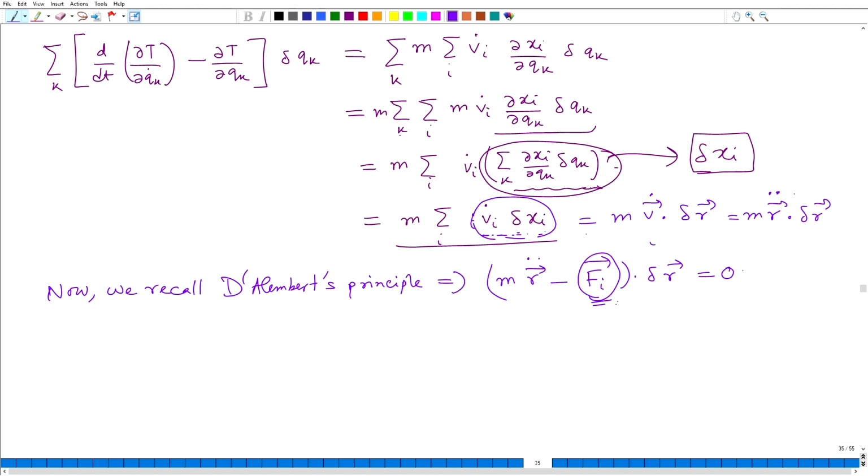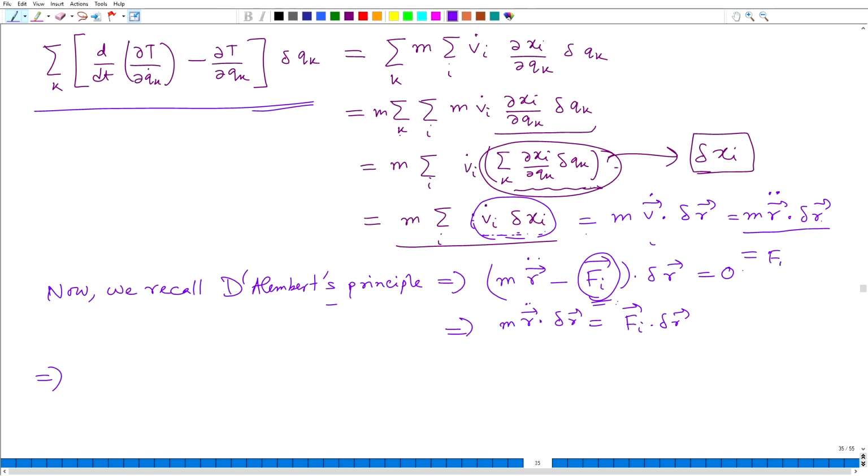Okay. So, the whole expression is equal to m r double dot delta r. From D'Alembert's principle, I know m r double dot delta r is equal to simply f i dot delta r. I will replace it here exactly, and I will have this is equal to f i dot delta r.